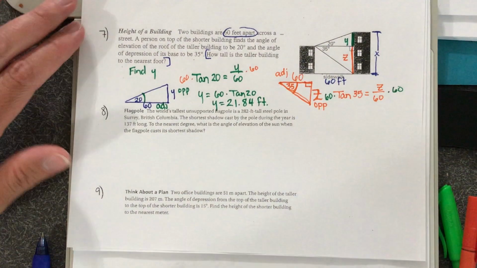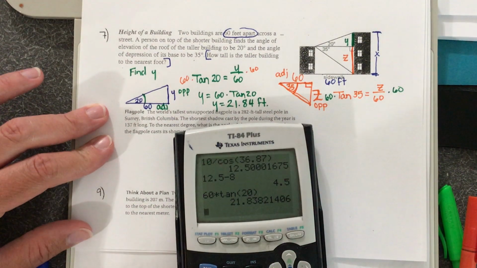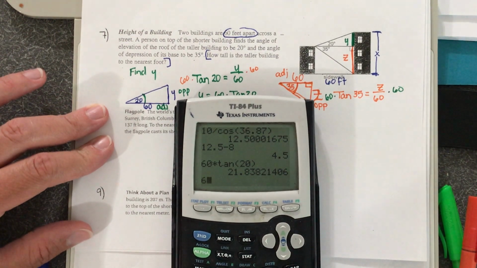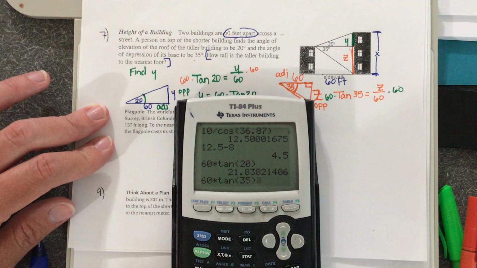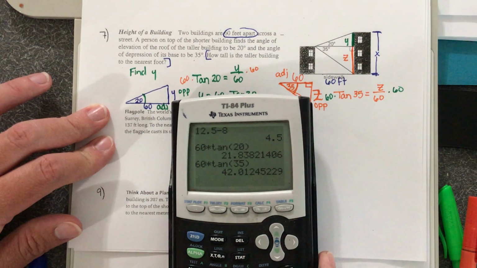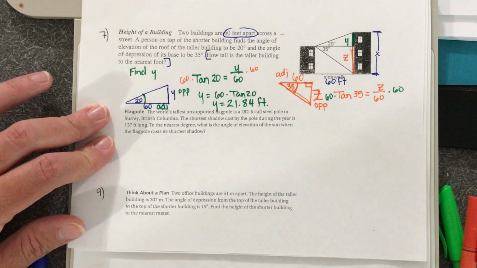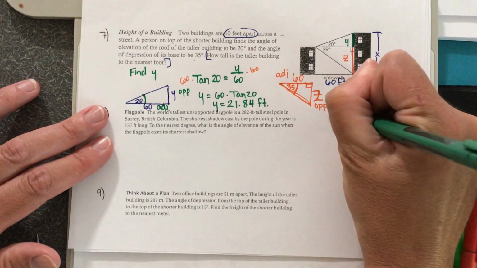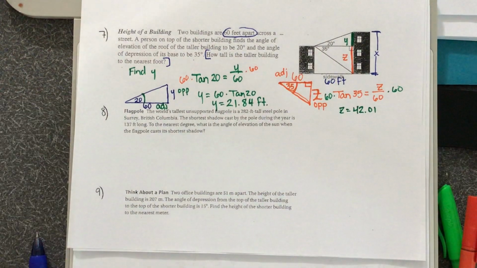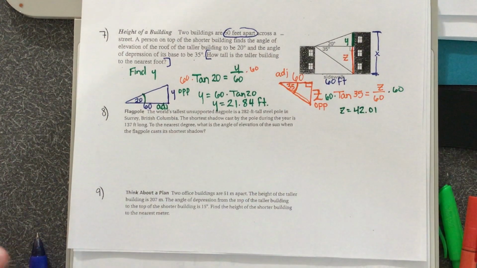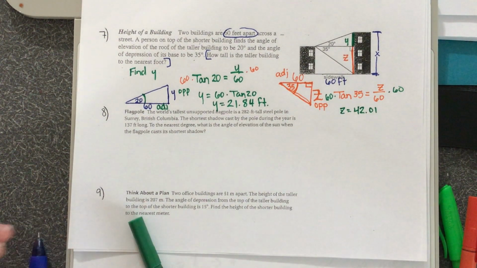Type into your calculator, 60 times tangent 35. And Z is 42.01. So if we add the two together, Z plus Y, we'll figure out what X is.